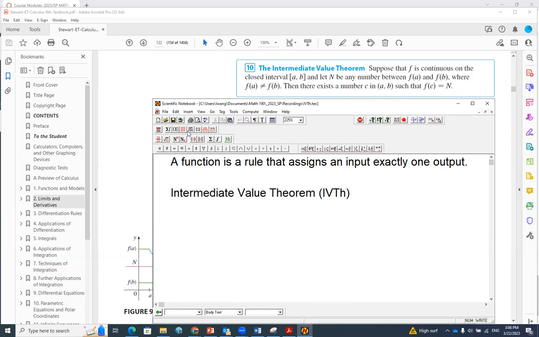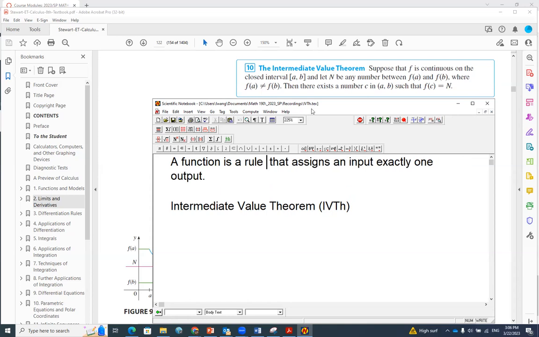And with a function comes a definition, a domain and a range. In the rule for a function, the rule is f, for example. This f will assign each input exactly one output.